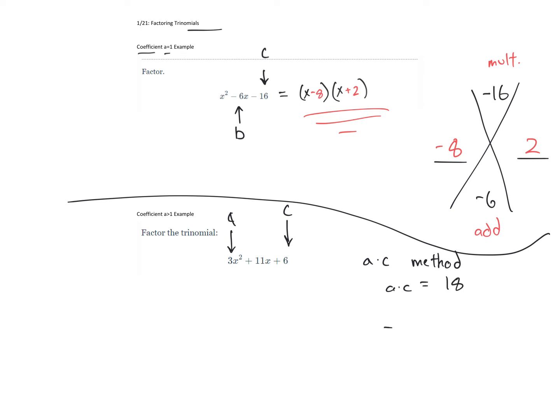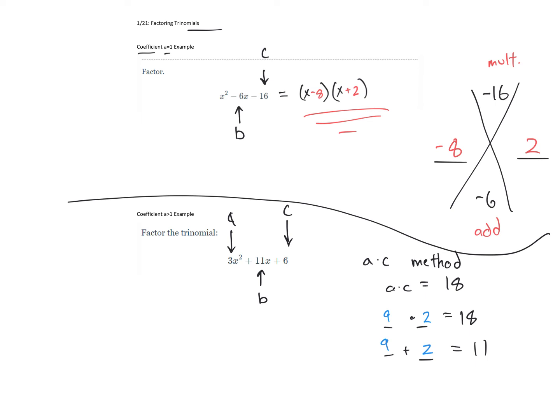So we're trying to find two numbers that multiply to 18, but add to this middle number B, 11. And I believe that's 9 and 2. So far, almost like the X game method.